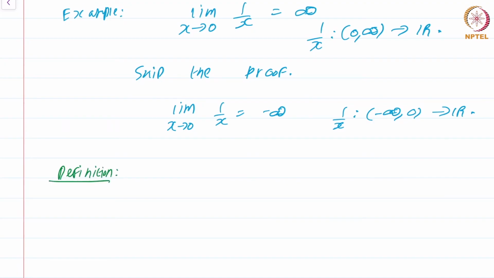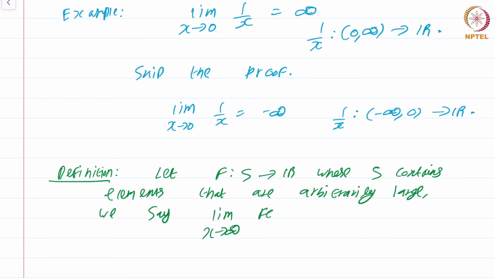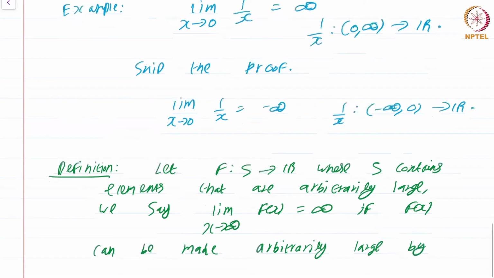So let f from S to R, where S contains elements that are arbitrarily large, we say limit x going to infinity of f of x equals infinity if f of x can be made arbitrarily large by making x arbitrarily large.